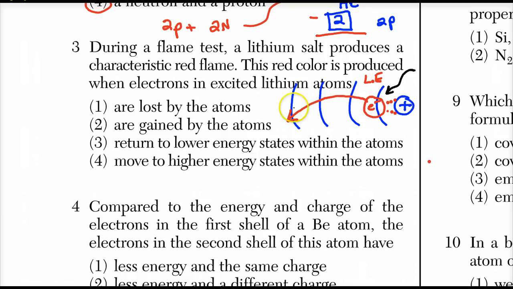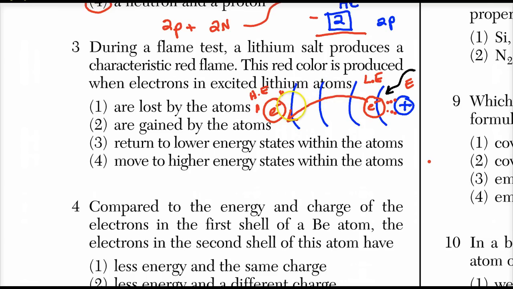So now they can exist farther away, and we call that an excited state because they have high energy. And they must have high energy to overcome this attractive pulling force. And they get this high energy from energy that is being absorbed. So in any case, in a flame test, you're adding heat, energy is absorbed, electrons that are close to the nucleus can pull away because they're gaining high energy, and they exist in this excited high energy state.